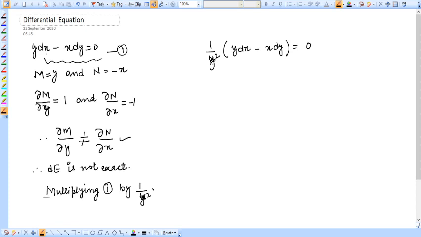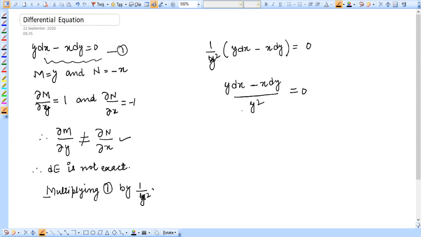Otherwise it is possible with 1 over x square also. So now (y dx minus x dy) upon y square is equal to 0.